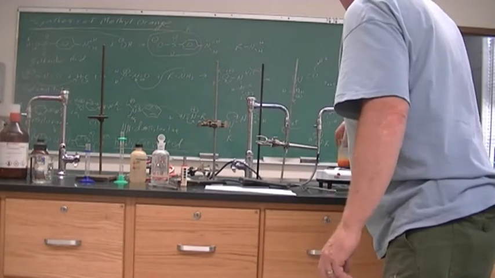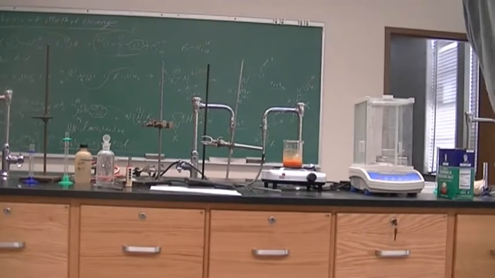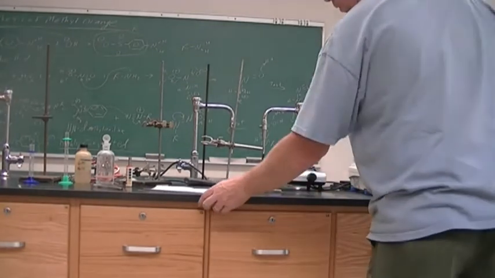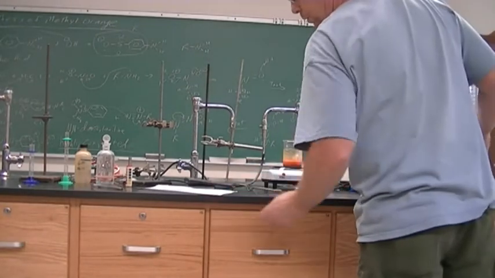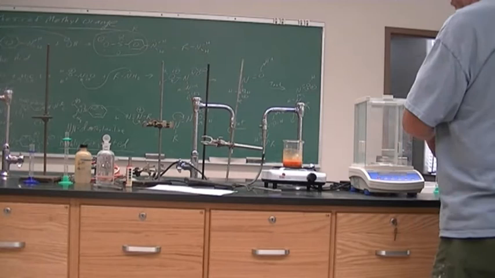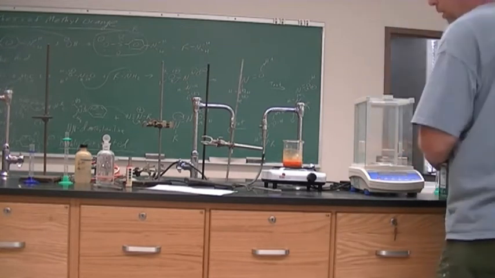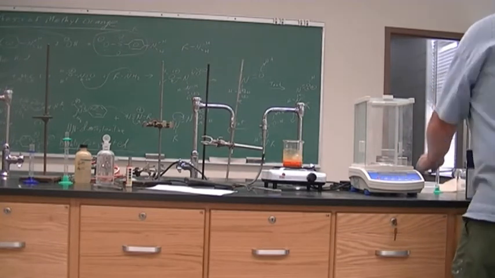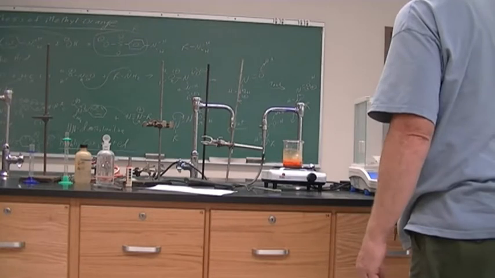And while this is heating, I'm going to weigh out 5 grams of NaCl. Then we're going to add the 5 grams of NaCl, and then we're going to add an ice bath, and then we're going to collect our methyl orange by suction filtration.